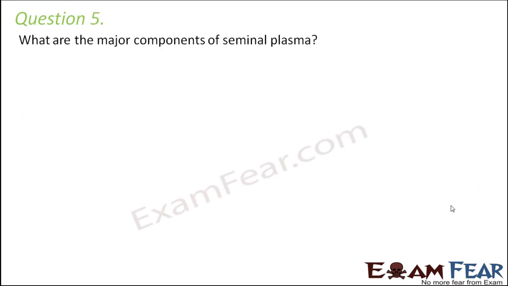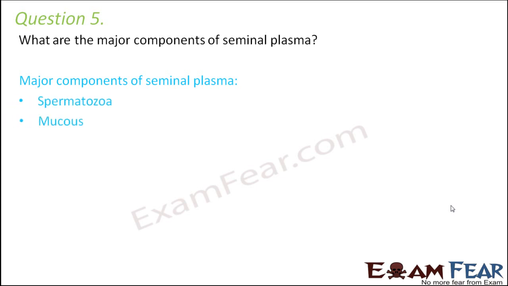Question number 5. What are the major components of the seminal plasma? Now, as I mentioned before, as the sperms move through the entire male reproductive system, a lot of components get added to the duct which contains the sperms. So the major components are spermatozoa, which are the sperms, mucus, and secretions from the accessory ducts.